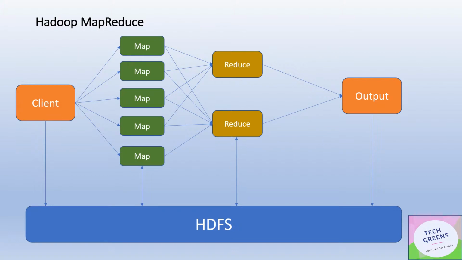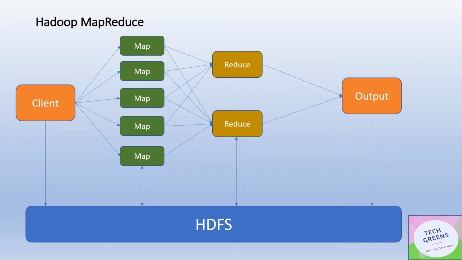Let's try to look at the pictorial representation of MapReduce. Whenever a client submits any MapReduce job, the first phase that will happen is the map phase. There would be different mappers running in the system. Ideally, there would be one mapper for each input split, or at a high level, you can say for each block.